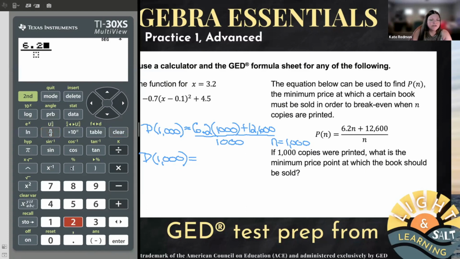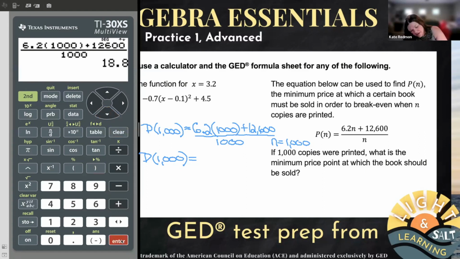So 6.2 times 1,000 plus 12,600, arrow down over 1,000. And I still see that the function value, or the price when we print 1,000 books, maybe that makes more sense to you. The price when we print 1,000 books is 18.8 or 18.80.